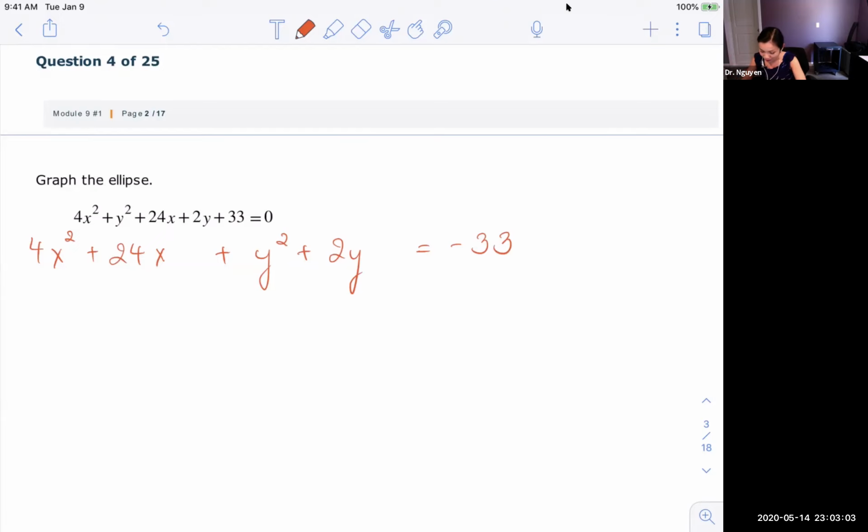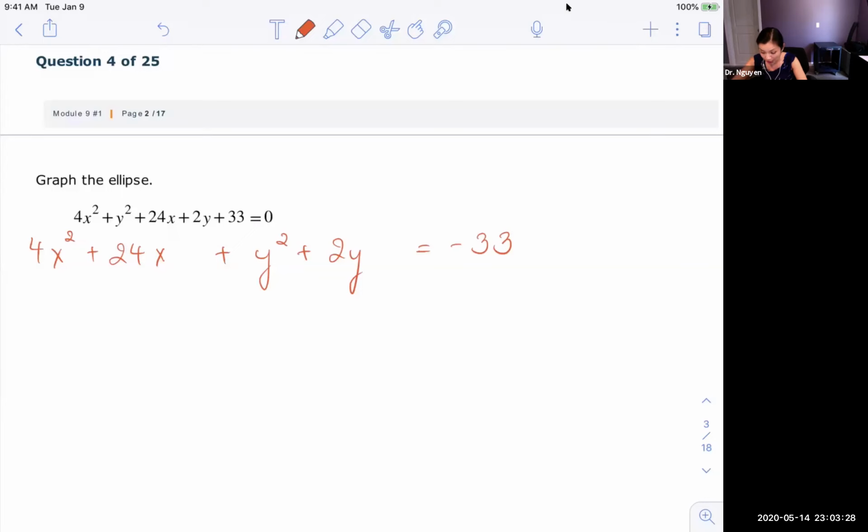Okay, so anyway, now I have to factor it. So I factor out 4. I'm going to get x squared plus 6x. We have to complete the square, so I'm just going to leave some space there, plus y squared plus 2y equals negative 33.